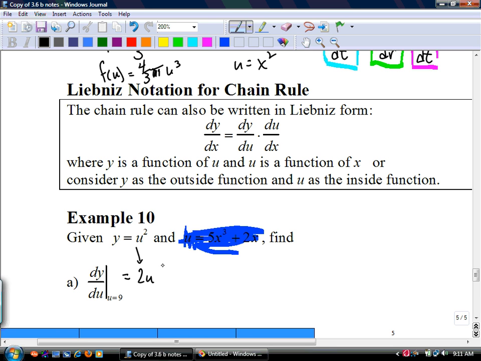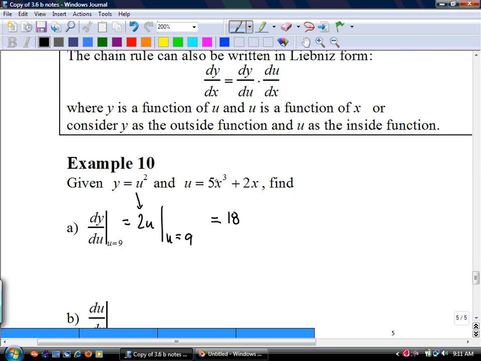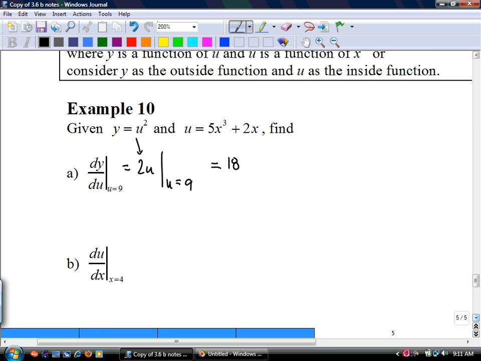2u. Everybody put 9 in for u, please. B is saying, I want to know how fast u is changing with respect to x.